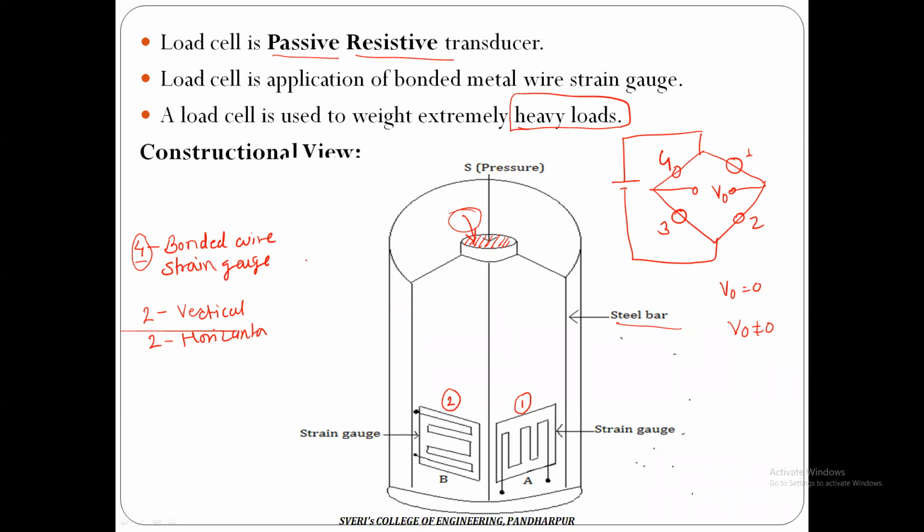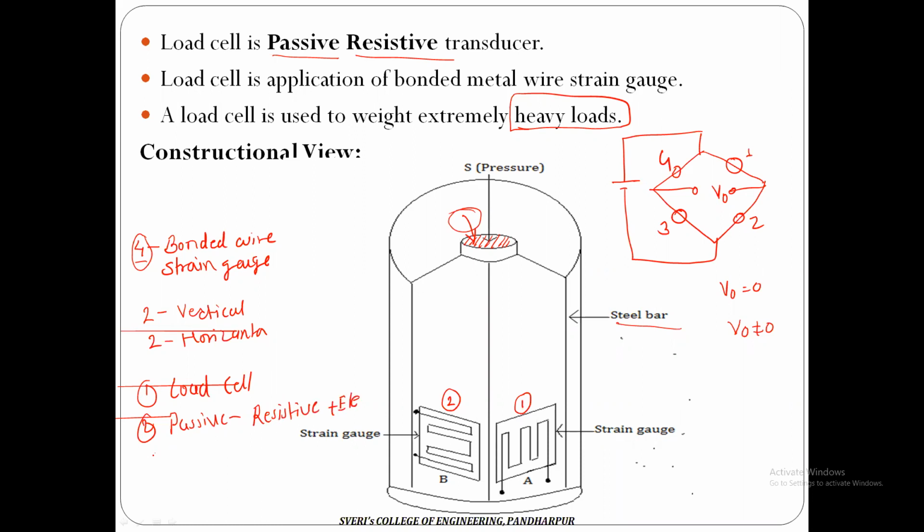So what can you sum up here? Number 1, the load cell is an application of the bonded wire strain gauge. Number 2, it is a passive, resistive, electrical type of transducer.